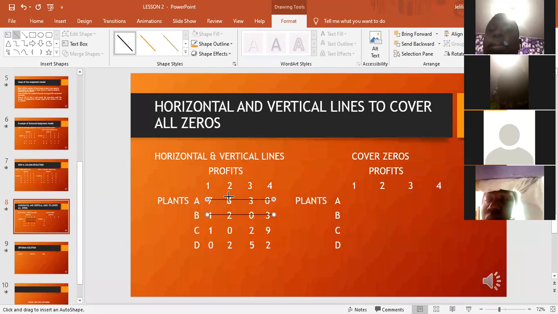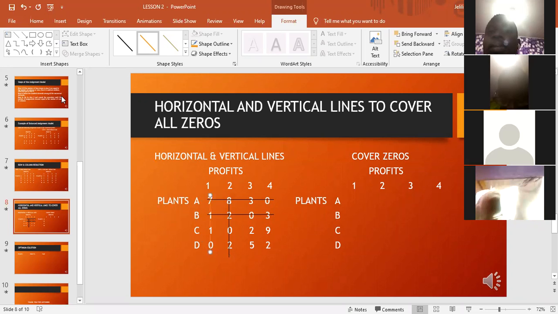We have covered the zero, making 3 zeros that we have covered. So this is the last zero now. Let's cover the zero.